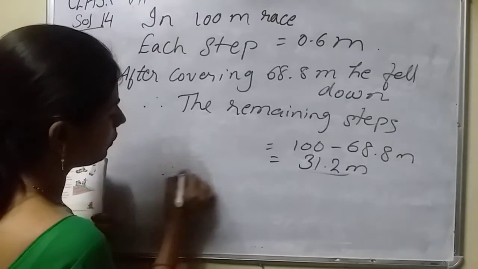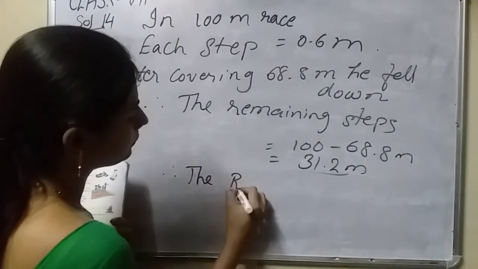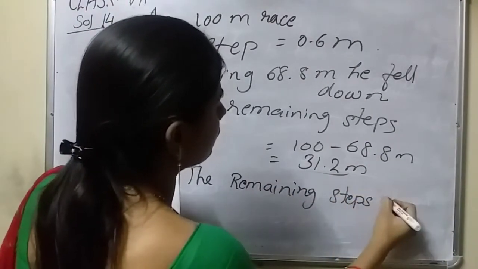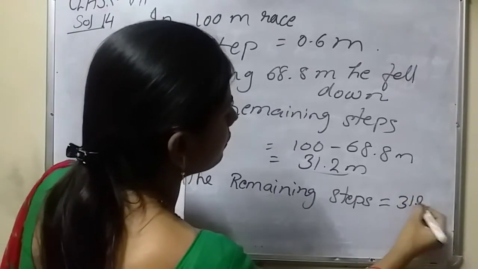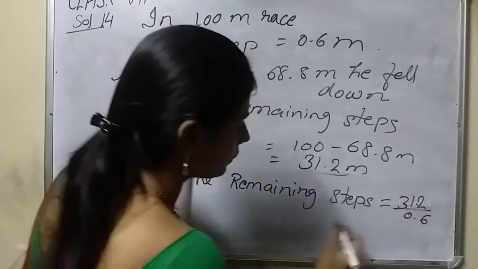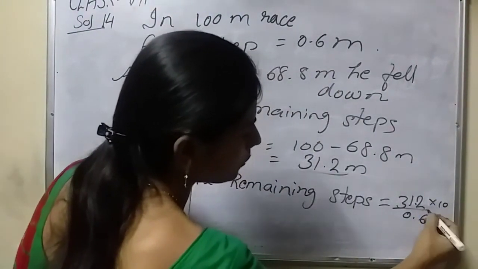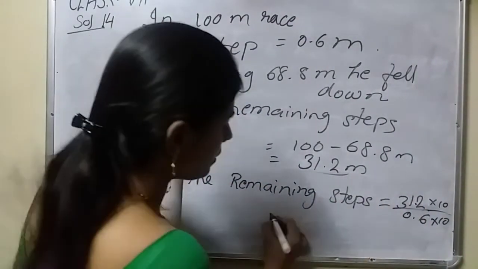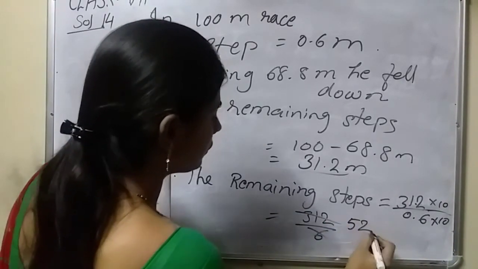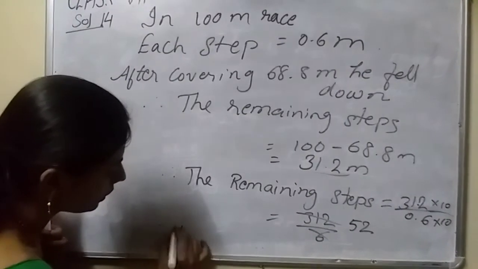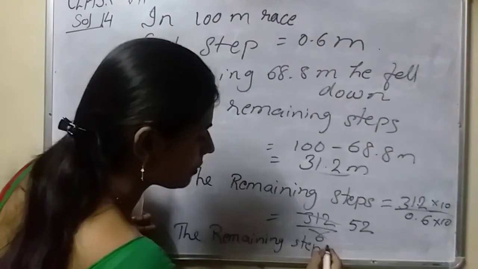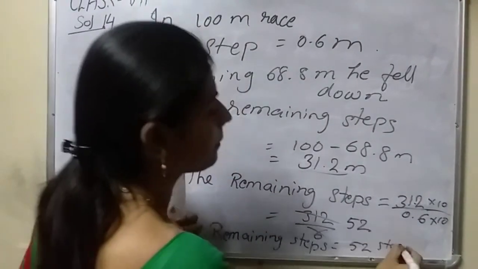Therefore, the remaining steps is equal to 31.2 divided by each step of 0.6 meters. Now multiply by 10, multiply here also by 10 because the point is given before one digit. So 312 by 6, when you divide it, 52. Therefore, the remaining steps is equal to 52 steps.